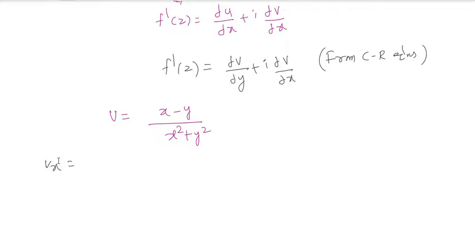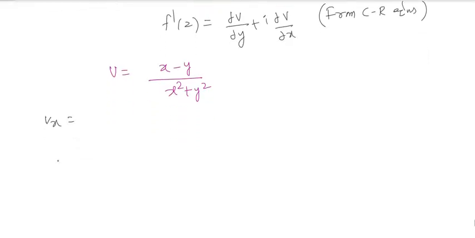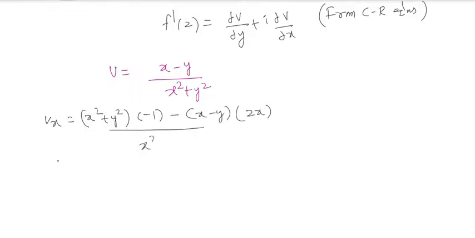So let me calculate the values of vx and vy. vx will be, try to take it as the u by v rule: x square plus y square into minus 1 for this y, minus x minus y into 2x, divided by x square plus y square whole square.